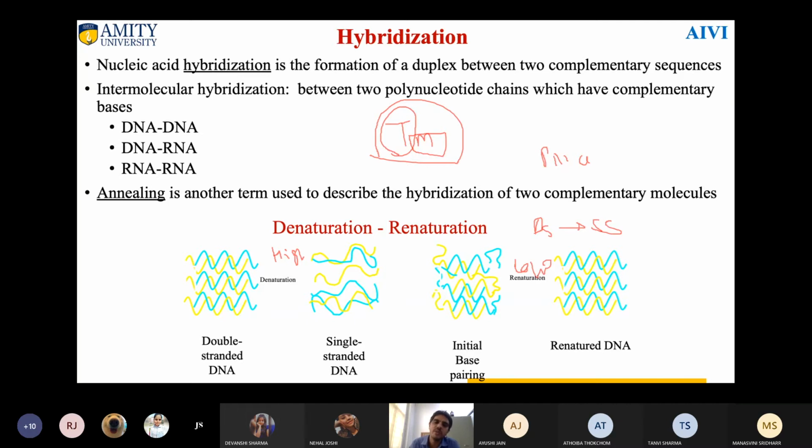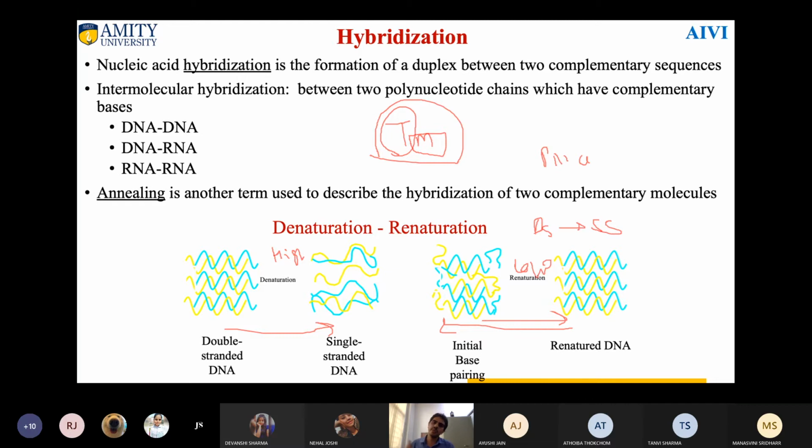But when we define it, we define it in a different way. We are not defining it in the forward direction, we are defining it in the reverse direction, meaning in the renaturation form. By understanding, the temperature of melting refers to the temperature above which your double-stranded DNA becomes single-stranded.